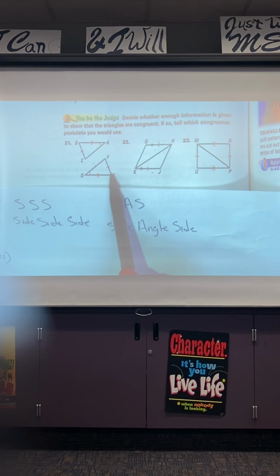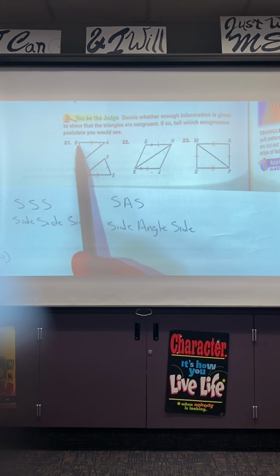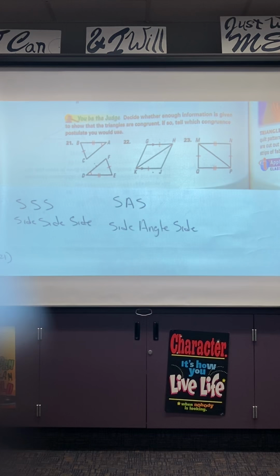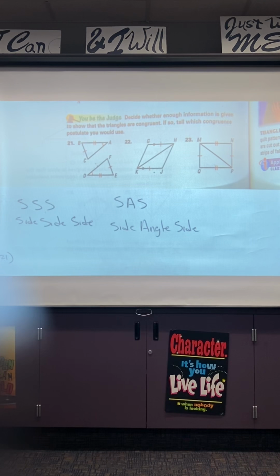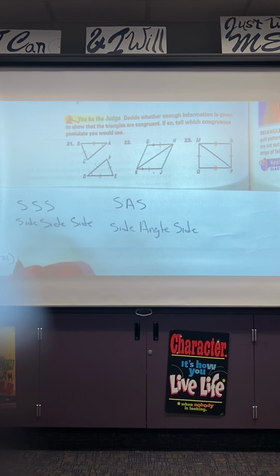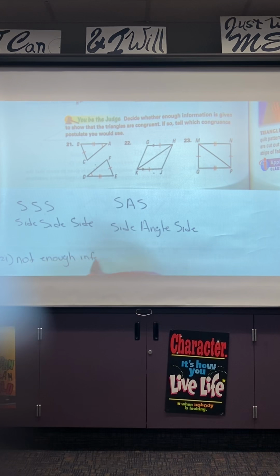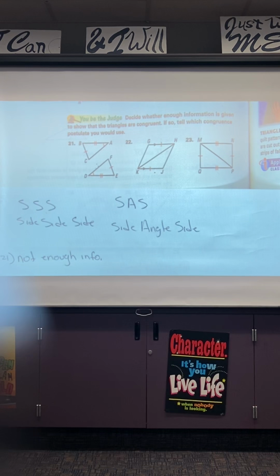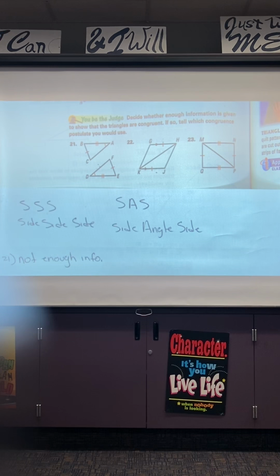But the angle that it's next to, in this case, will be angle E or angle B. There's not enough information for us to determine that it would be congruent. So for number 21, we can say that there is not enough information for us to determine that those 2 triangles are congruent.